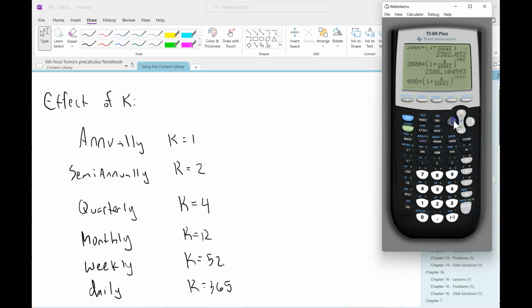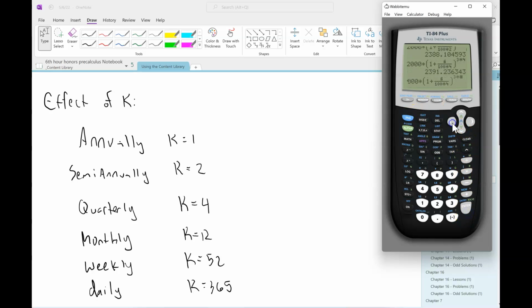So let's change 2 to 4. You think this is going to have more effect or less effect? Let's see. So we improved $6 going from 1 to 2. We improved $3 going from 2 to 4.